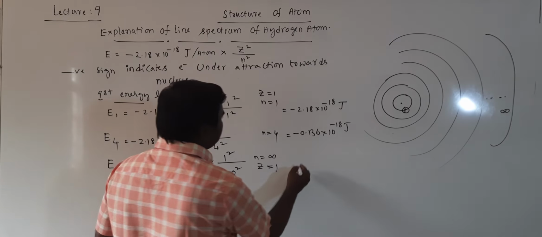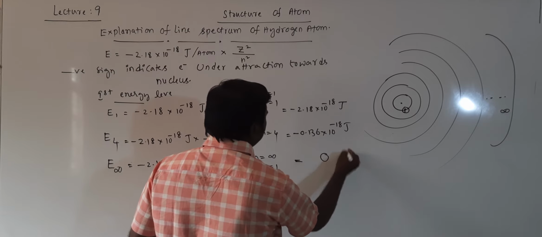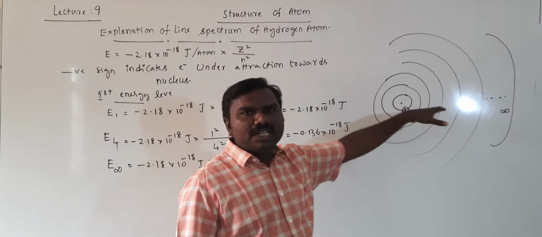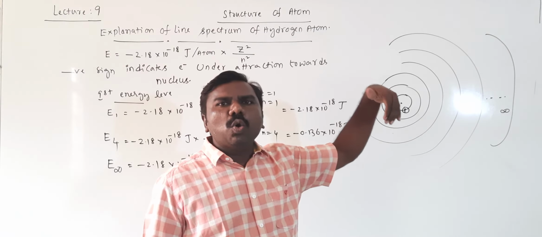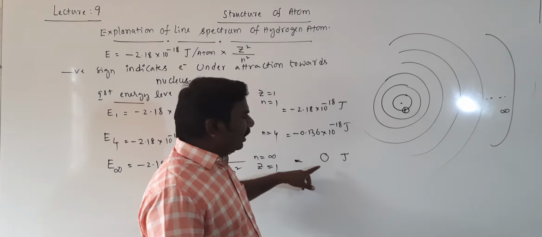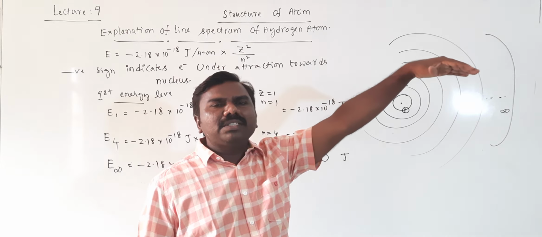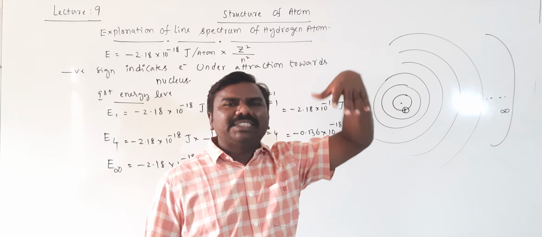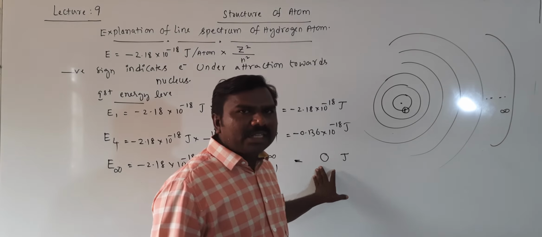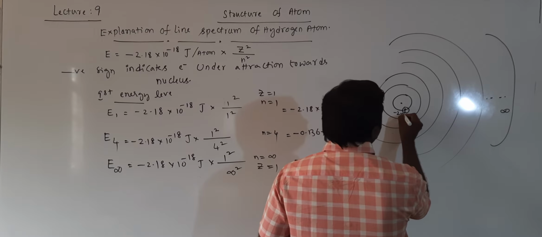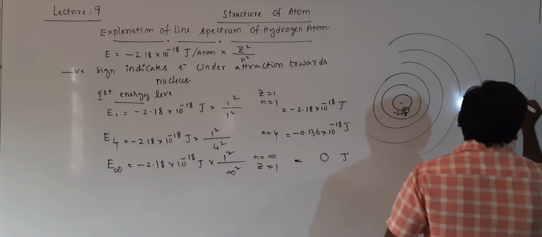Then the energy becomes 0 joules. You just observe in the first orbit minus 2.18, very low value. In the last orbit 0. Minus 2.18 is lower than 0. 0 is higher.